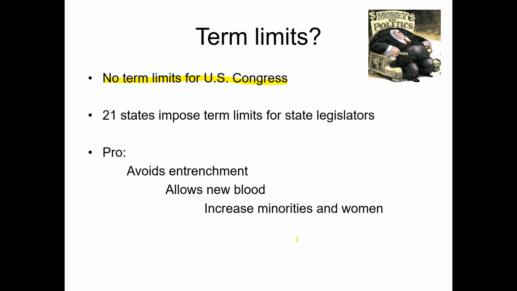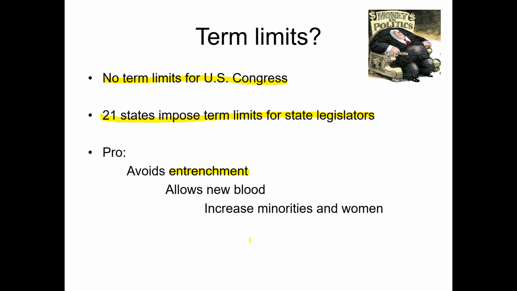For one, you could imagine that the congressmen would have to approve this, which means they would literally be passing a bill that would be putting them out of a job. That's not real rational. But at the state level, 21 states have imposed term limits on their state legislatures. The reasons for doing that sound noble. It avoids the entrenchment idea that we've talked about, for legislators to get in there and then just build a career out of it.